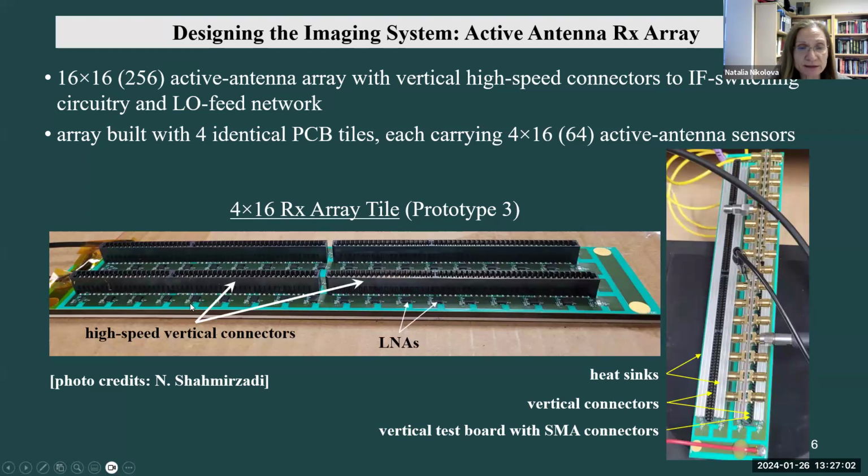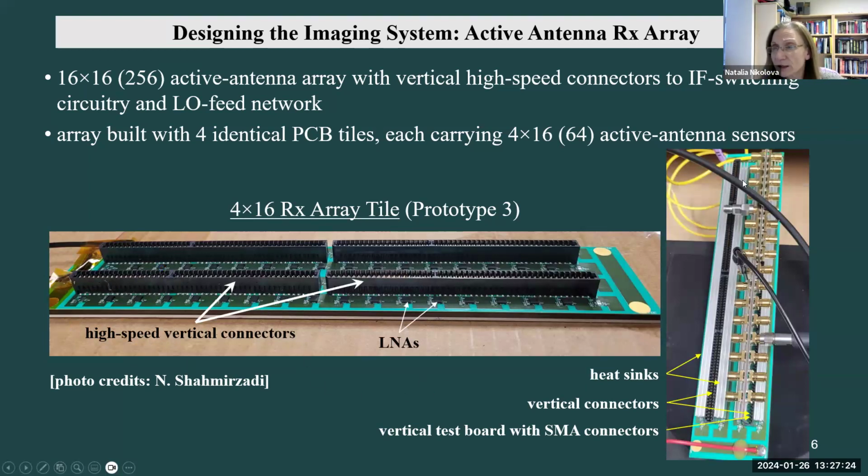The LNAs lead to vertical high-speed connectors from high-speed computing technology, which vertical connectors are used to connect the receiving active elements to their respective mixer circuit boards, which are plugged inside these connectors.